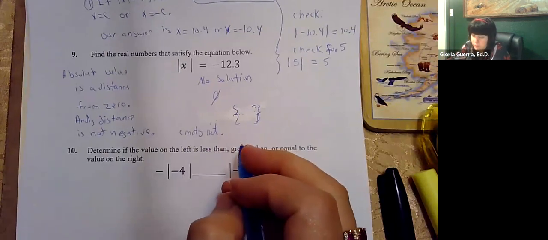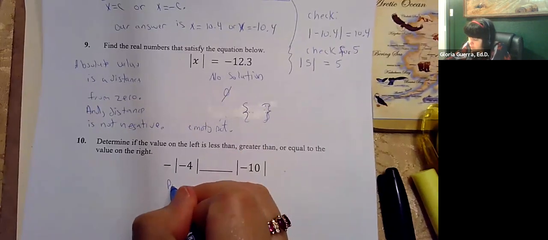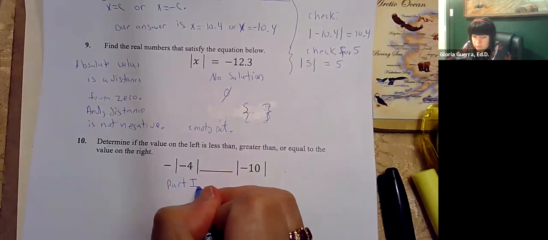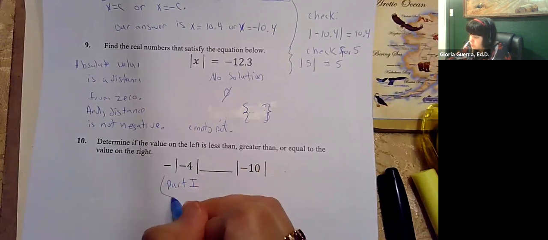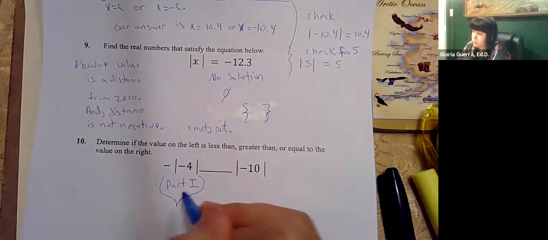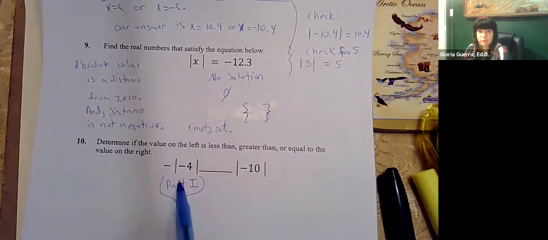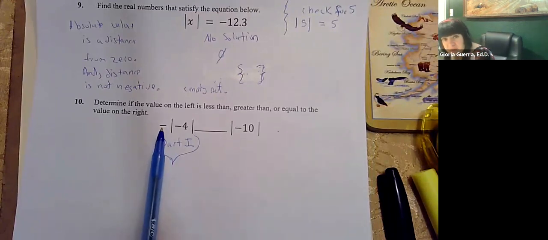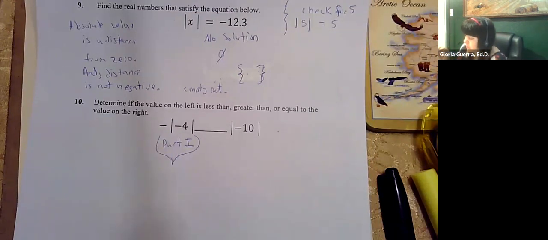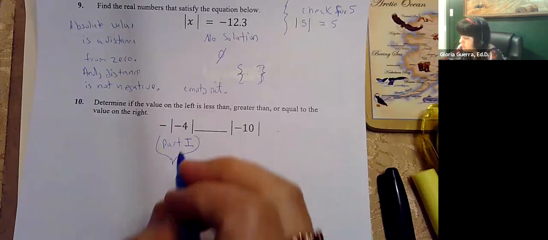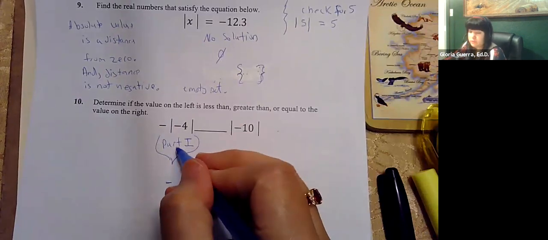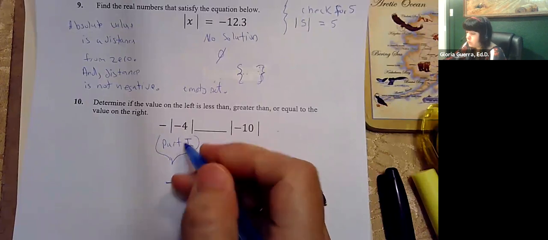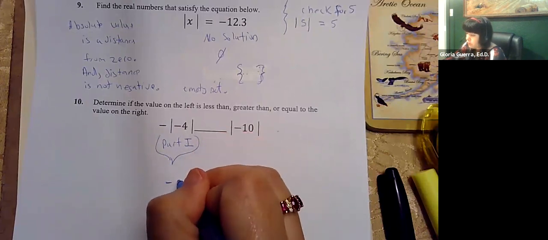Part 1 is you want to determine what this result is. See how it has a negative outside of the bars? That's the only time it should be negative. And the absolute value of -4 is just 4.